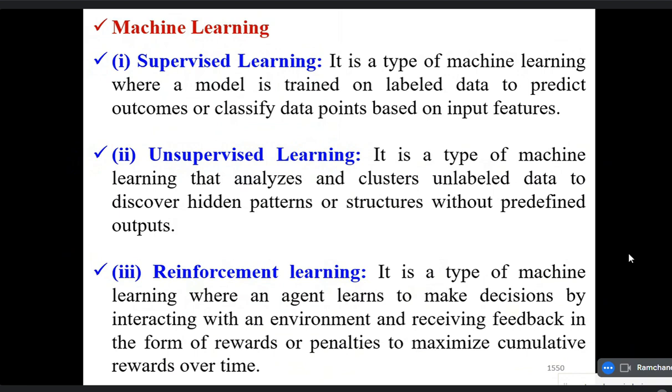Clustering is nothing but a group of objects having similar behavior in nature. Then we have a number of clustering algorithms like k-means clustering, c-means clustering, fuzzy c-means clustering, etc. Are you understanding, Ramchand, what I am explaining? Yes, sir.